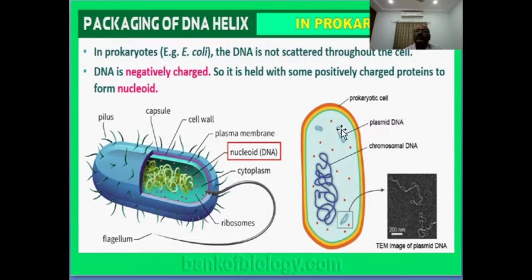Whereas plasmid is a circular DNA. Plasmid is also a double-strand structure. So in prokaryotes, the DNA is not scattered throughout the cell. DNA is negatively charged, so it is held with some positively charged proteins to form the nucleoid.